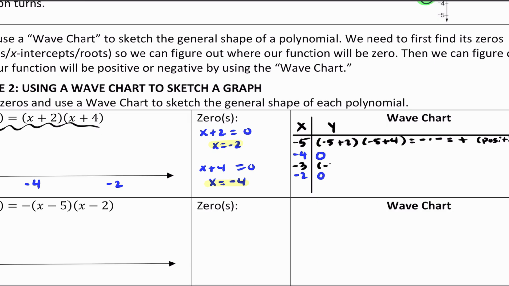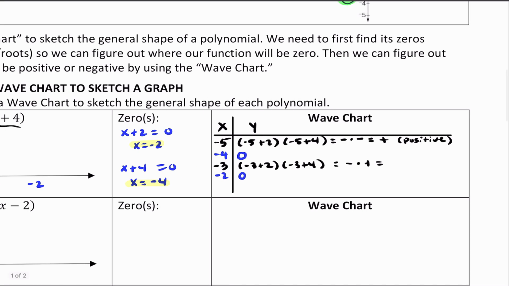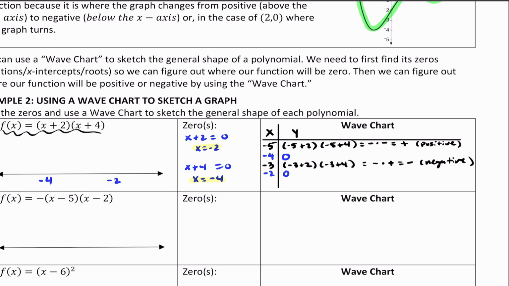So I have -3 plus 2 times -3 plus 4. -3 plus 2 is a negative, times -3 plus 4, that's a positive. A negative times a positive is a negative. So between those two values, that's where the line is negative.